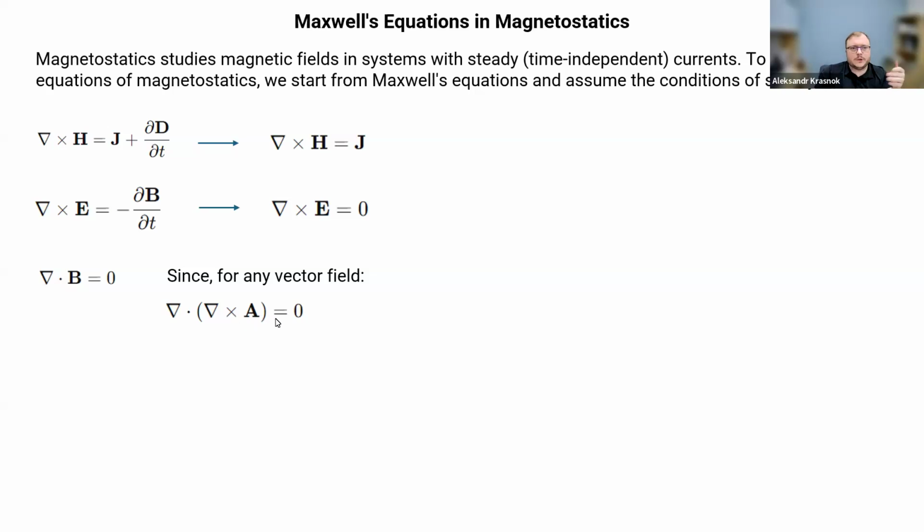So we introduce a new type of vector field, a capital vector field. This field is called the vector potential field, and by definition, and as I said, in any case, it is true for any system, the magnetic field is equal to the curl of the vector potential, curl of vector A.